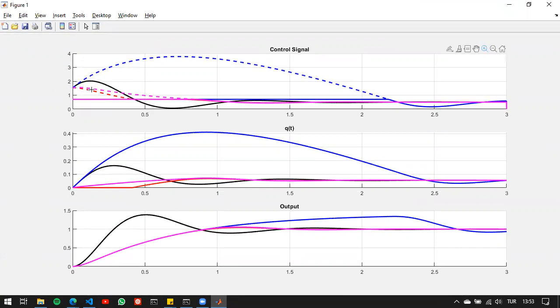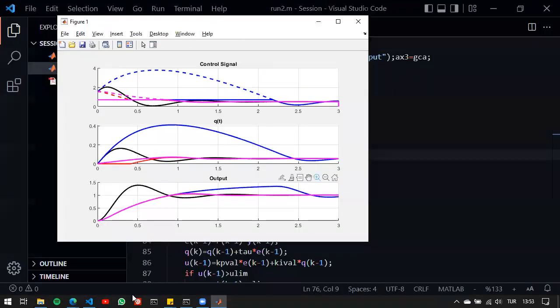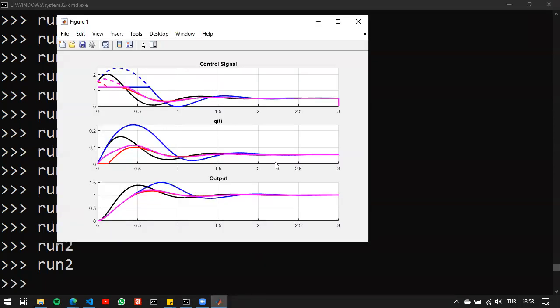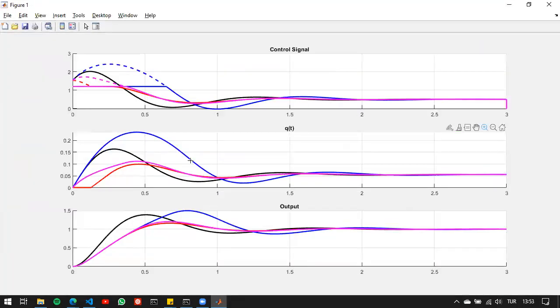Well, basically what I expect is that it should not saturate this long because you can apply more control signal. So if I change the limit a little bit, we can see that the control has more freedom because of the limitation, and it behaves almost like the actual control without any saturation here.